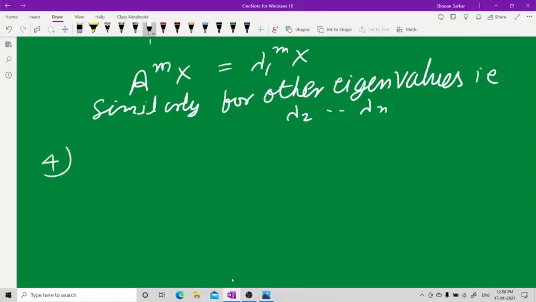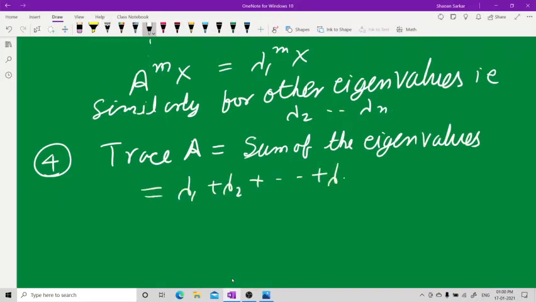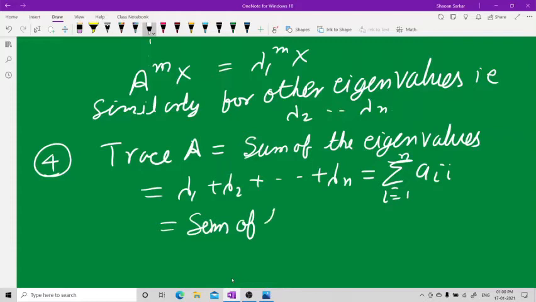Fourth property: as I've already told you, the trace of A is the sum of the eigenvalues, that is lambda 1 plus lambda 2 plus up to lambda n, and this is equal to the summation for i equal to 1 to n, that is, the sum of the elements on the principal diagonal.